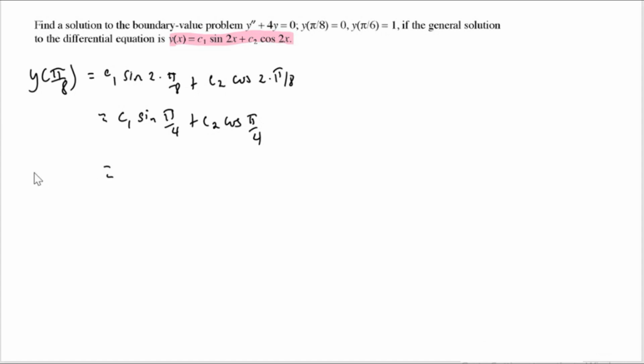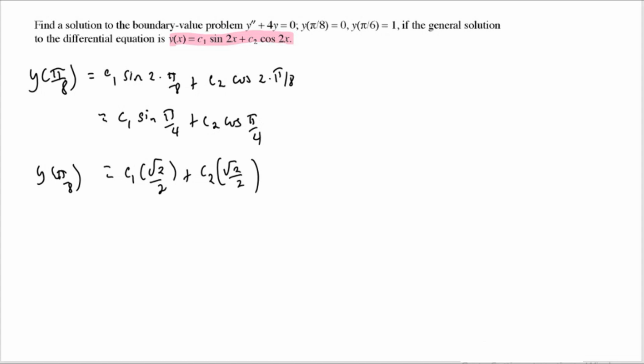So we have now y of pi over 8 is equal to c sub 1 of, okay, the value of sine pi over 4 is equal to the square root of 2 over 2, plus c sub 2. Then the value of cosine pi over 4 is also square root of 2 over 2. So y of pi over 8 equals c sub 1 of square root of 2 over 2 plus c sub 2 of square root of 2 over 2.